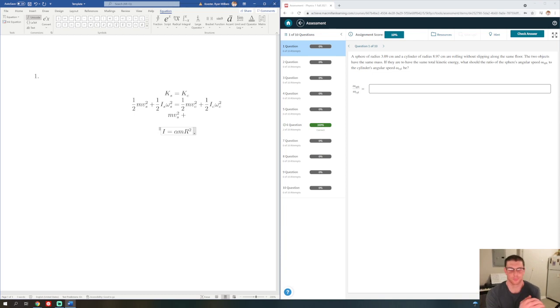Think about a disk: the moment of inertia for a disk is 1/2 mr squared, so for the disk, alpha would just be 1/2. For a rod of length L, spinning about an axis passing through its center of mass, the alpha would be 1/12. And so forth. Do people see what I'm saying here about this alpha thing?